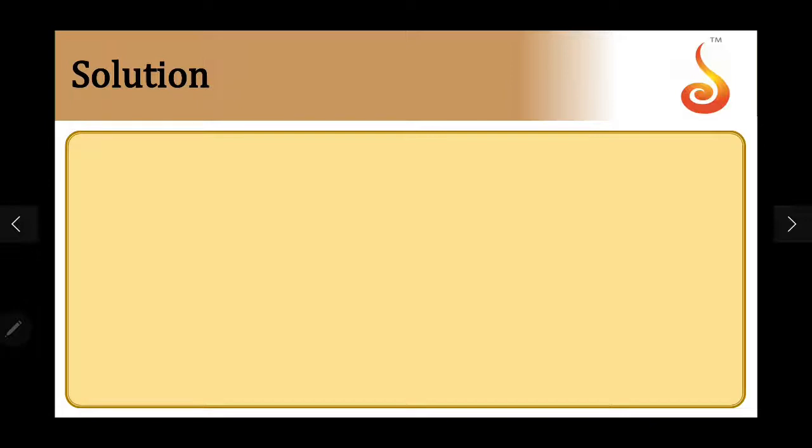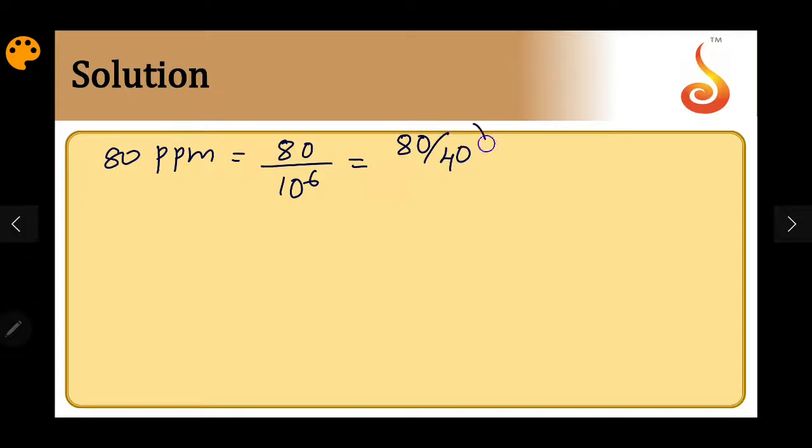So if I take the solution part, 80 ppm I have to convert into molarity. So 80 ppm means 80 grams divided by 10 power 6 grams. Since molecular mass is 40 for calcium, so 80 by 40 moles divided by 10 power 6, this is per ml of water, so I have to multiply by 1000. So this will be 2 times and this will be 3 times.